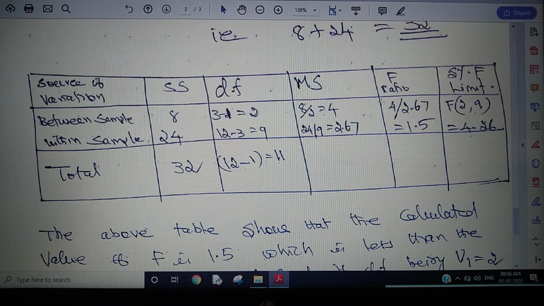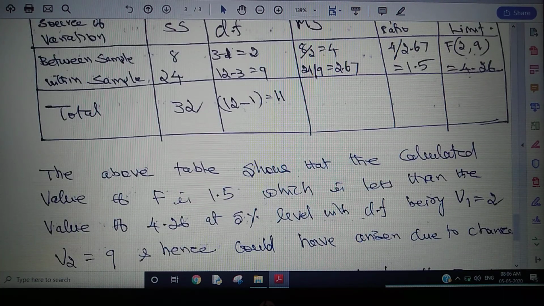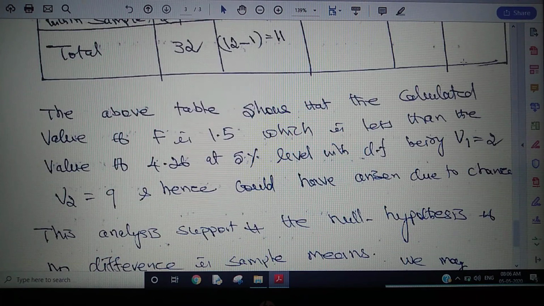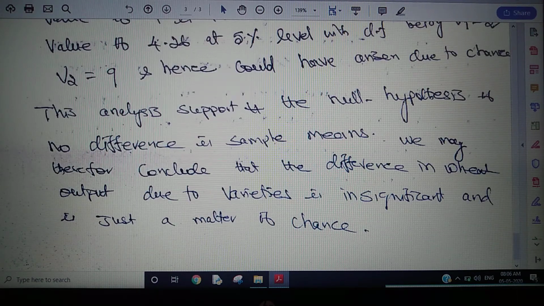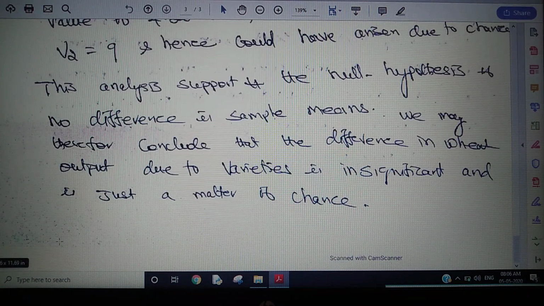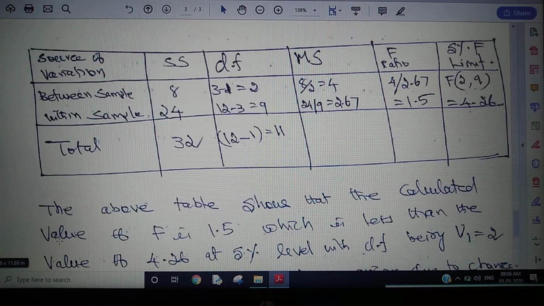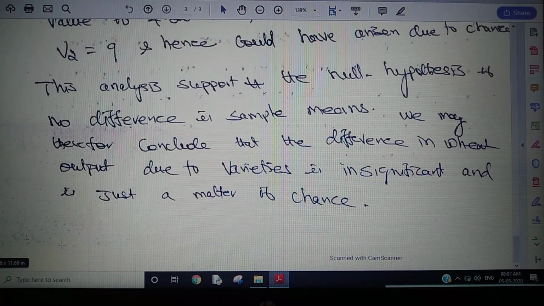The degrees of freedom value we get from the F table: for 2 and 9, it is 4.26. The analysis supports the null hypothesis of no difference in the sample means. We may therefore conclude that the difference in wheat output due to varieties is insignificant and is just a matter of chance. So there is no significant difference due to the varieties; it is due to chance.